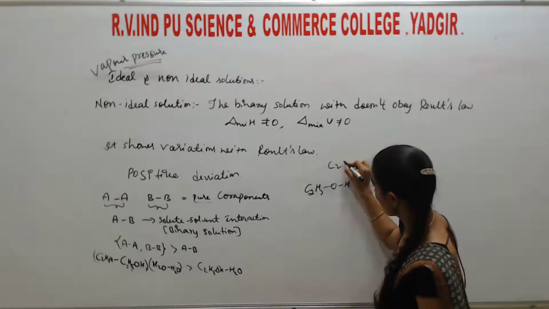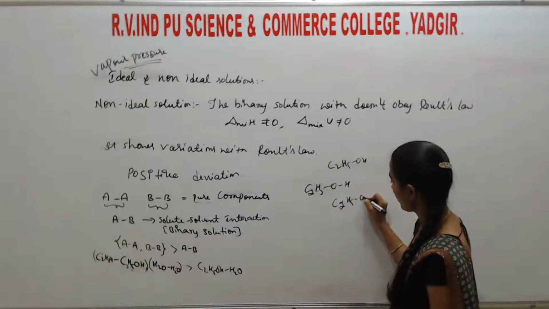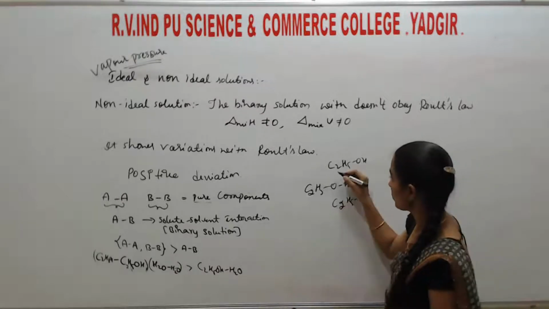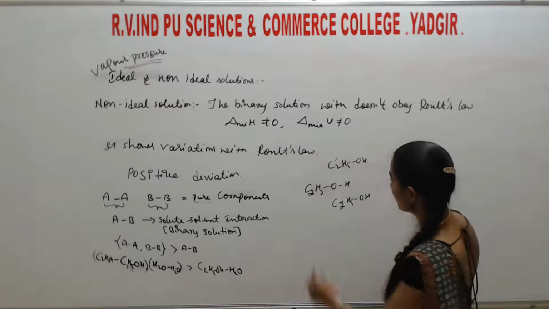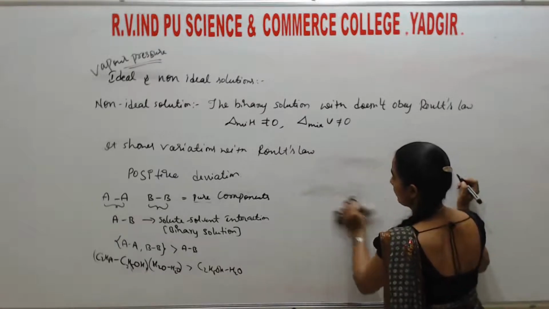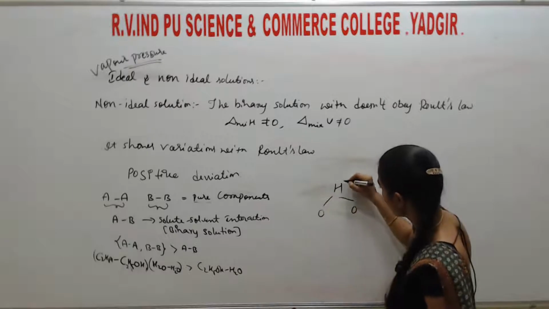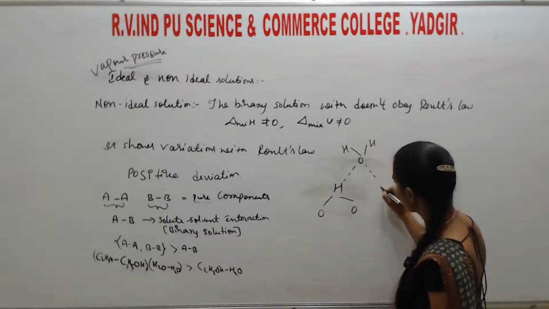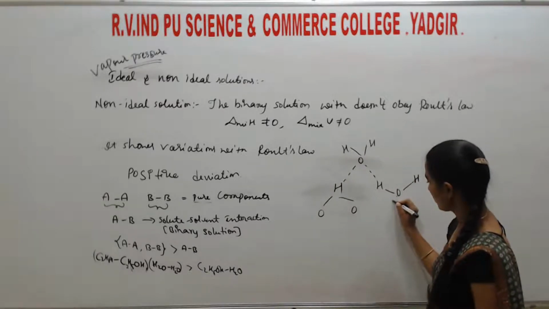So many molecules are there, C2H5OH, C2H5OH. When acetone is added to it or water is added to it, assume water is the solute. I write the structure of water. You know this one will form a hydrogen bond with the oxygen, correct?